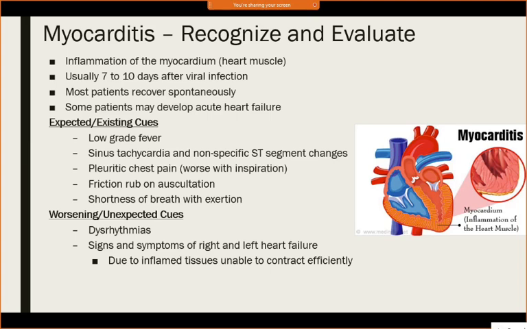A lot of viruses like to get in there and embed into muscles and cause secondary problems, and they are seeing an increase in myocarditis after COVID. So that is one of the things that they're looking for after COVID, is myocarditis.